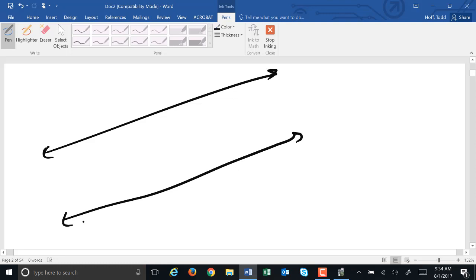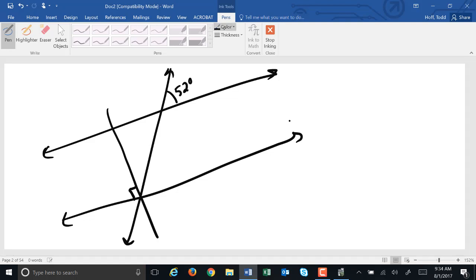Pretend those lines are parallel. If I give you that this angle here is 52 degrees, and I want to know what this angle here is, what is it?